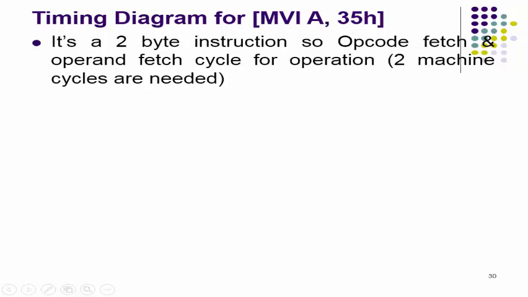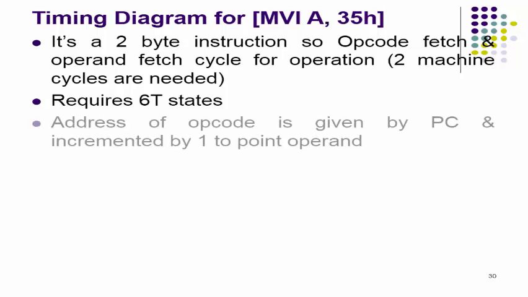So a total of 2 machine cycles are needed to perform the operation, and the total number of clock cycles or T states is 6, that is 3 T states for the opcode fetch machine cycle and another 3 T states for the operand fetch machine cycle.